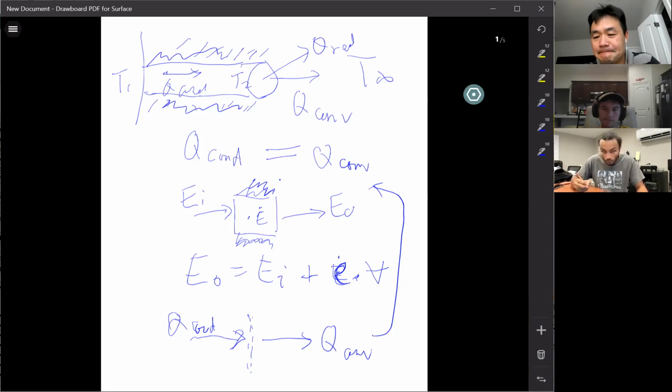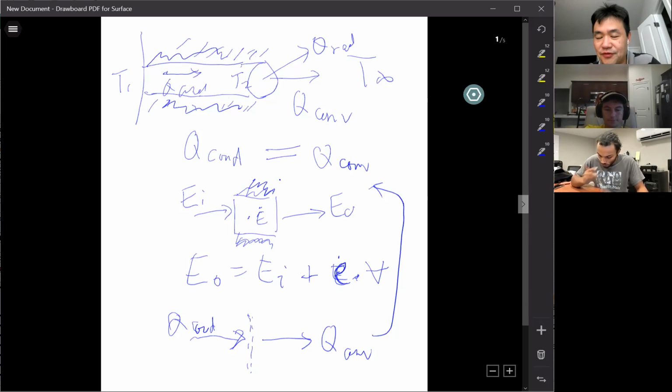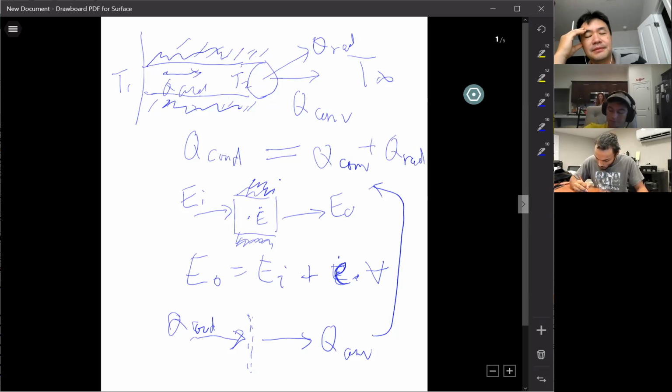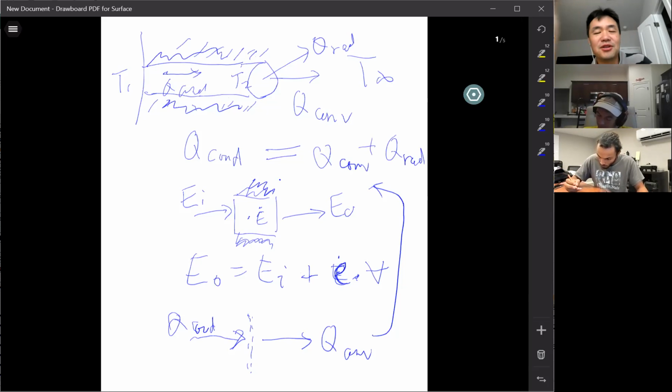Then what is the out? Now you have Q radiation maybe. But if there's no radiation, it's just conduction equal to convection.